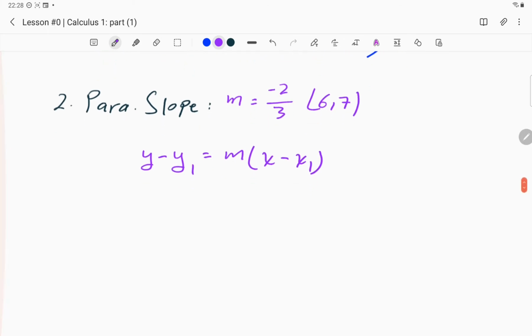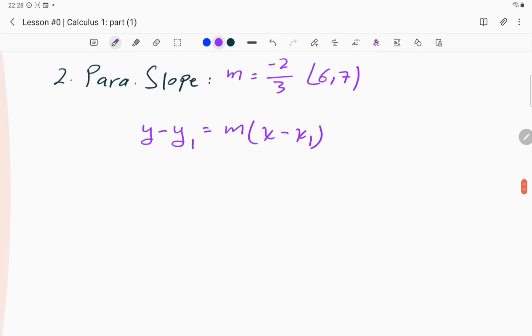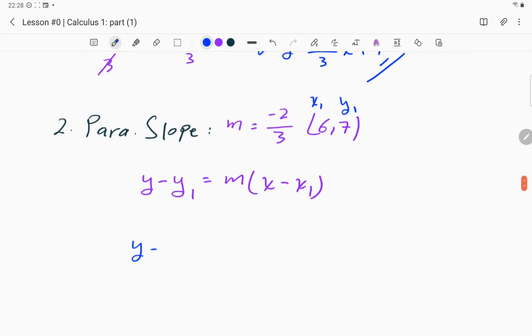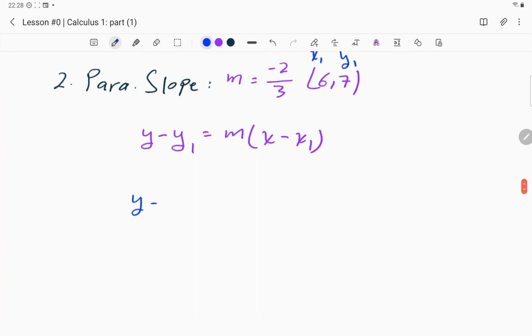Now you just got to substitute for everything. So y minus, what's y1? You label them to make it easier for yourself.